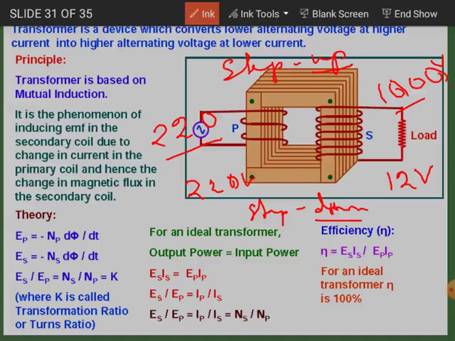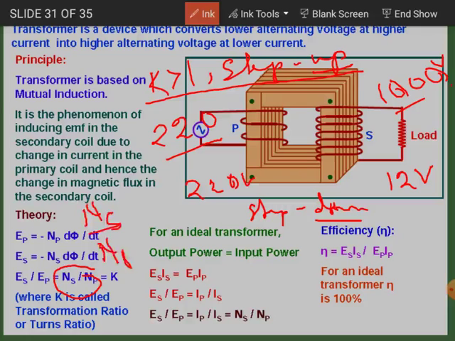Got it? So depending upon the number of turns of the primary coil and the secondary coil, we need to change it. Okay, so if this K is greater than 1, then we will call it a step up transformer. If K is greater than 1, then what happened? The ratio of the total number of turns of the secondary coil to that of the primary coil will be greater than 1, meaning what?